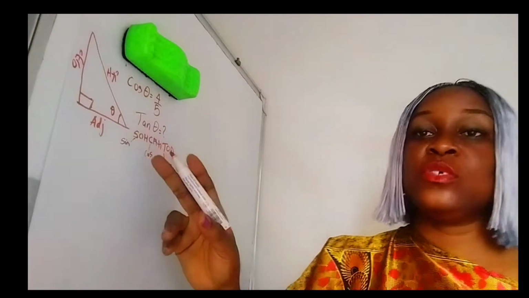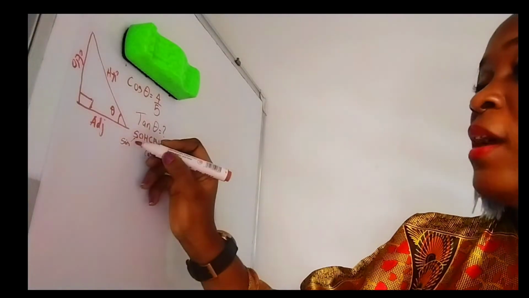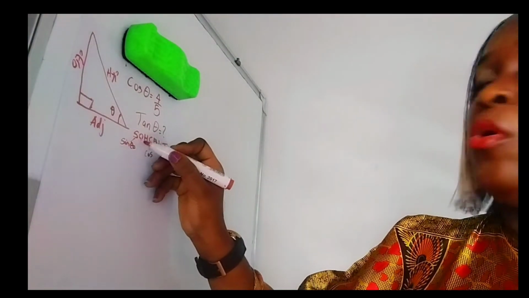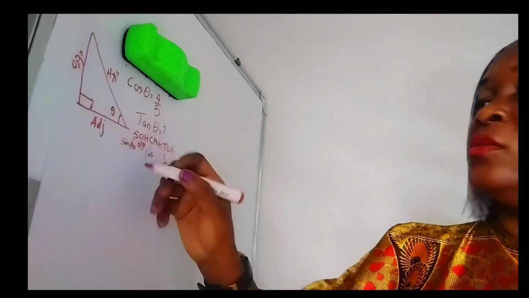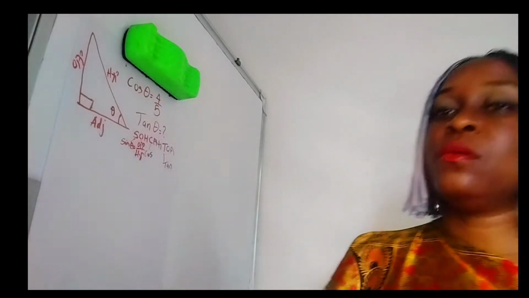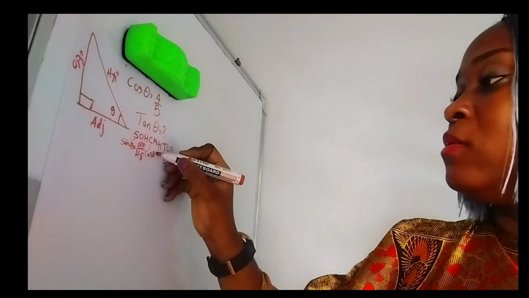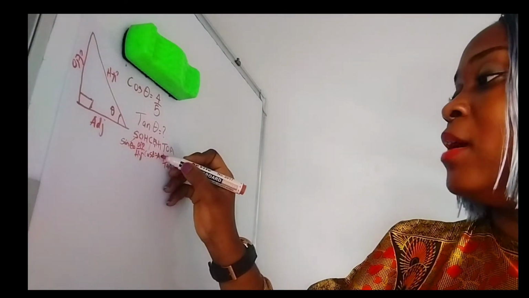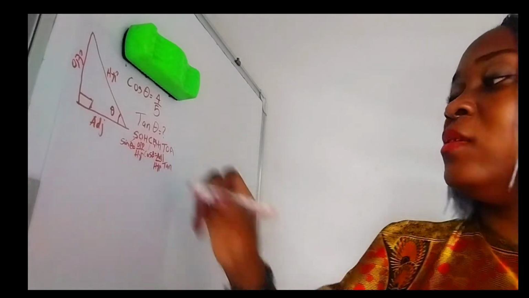Sine theta is equal to the opposite dimension over the hypotenuse, while cos theta stands for adjacent over the hypotenuse.